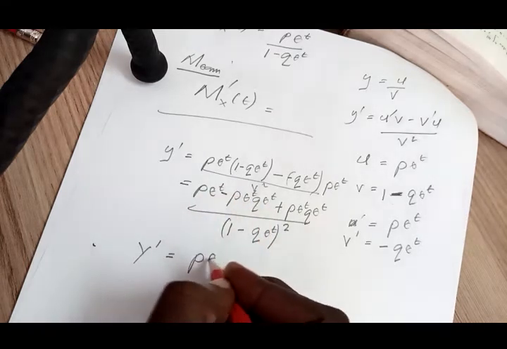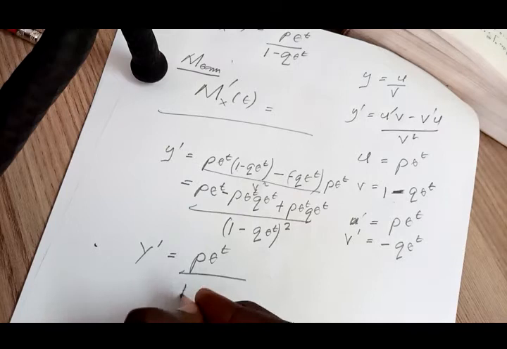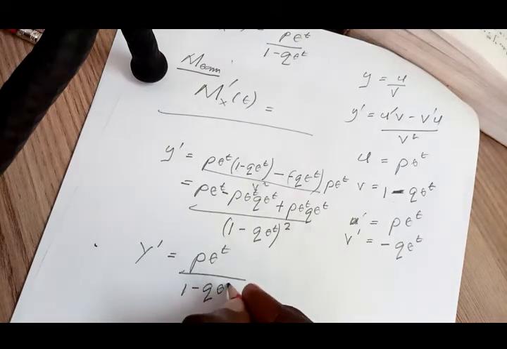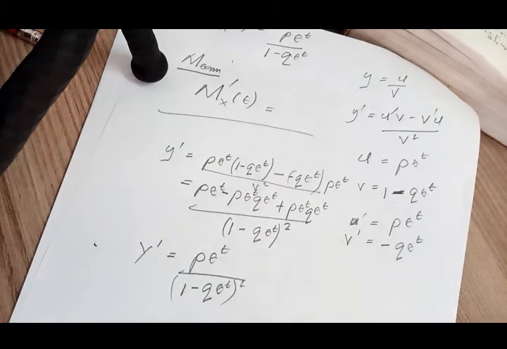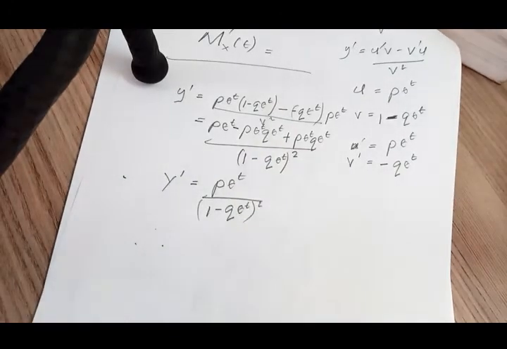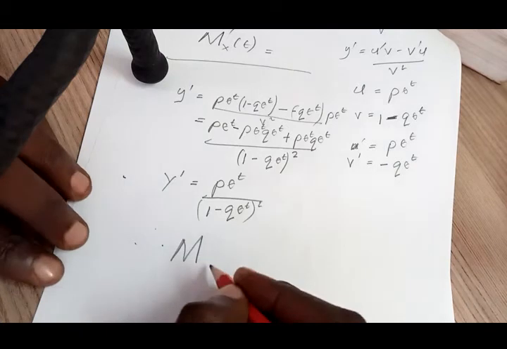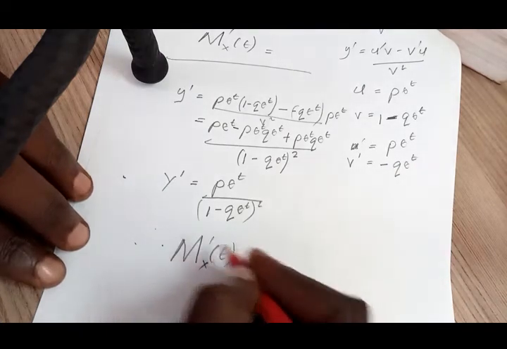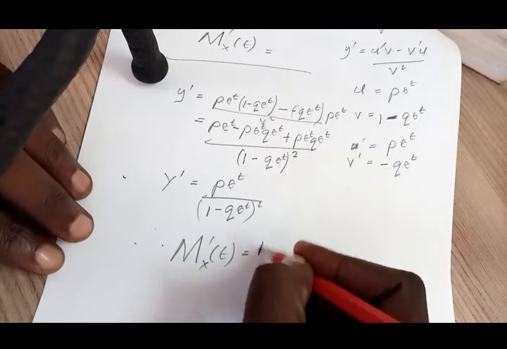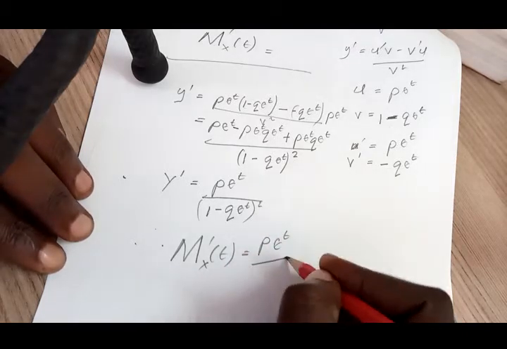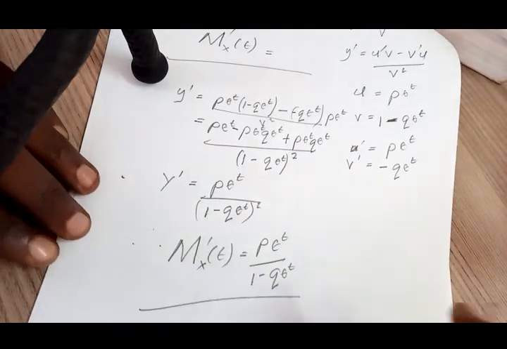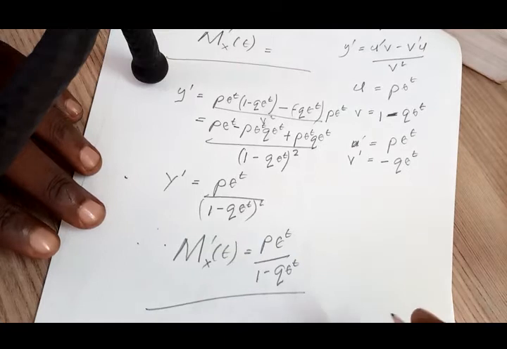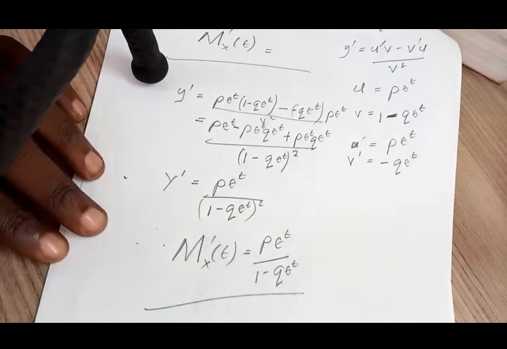We remain with p e to the power t over the quantity 1 minus q e to the power t, squared. So applying the quotient rule, M_X'(t) is going to be our result here, which is p e^t over (1 minus q e^t) squared. This is the first moment, which is in this case our mean. So that is how we get the first moment.